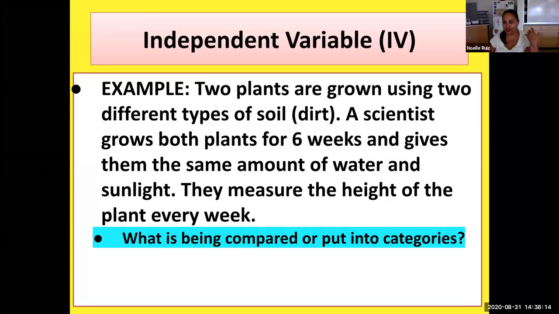So nobody should be picking height for the independent variable. So what categories are the plants being put into? We have 2 plants. What is the scientist changing about each of them? What is our independent variable? Or our IV?